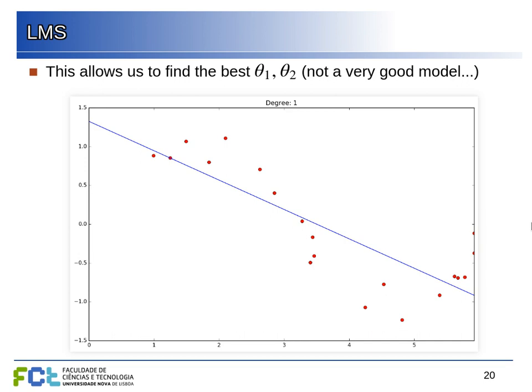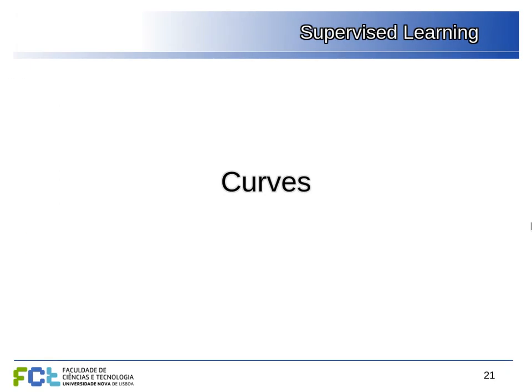So this is one problem that we often have. We need to find a good hypothesis class, or in practice, we need to find a good model. That is what we use to represent the hypothesis class, and the thing that we work with to find the hypothesis. So let's see how we can add curves to this.